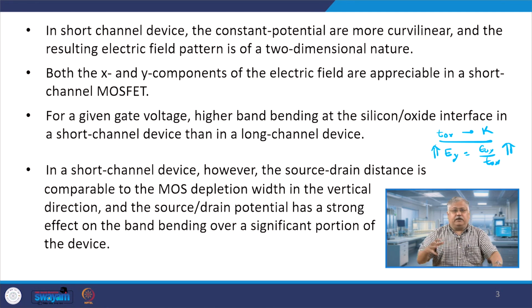Understand this point, that we are bringing things closer. When we bring things closer to each other, the drain is able to talk very easily with the source, and will be able to influence the source potential to a larger extent, or what is happening at the source end can be influenced very easily, right.